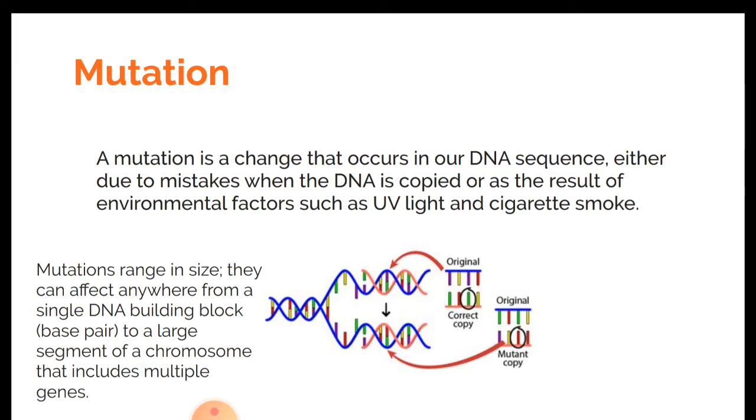You know, the term mutation was introduced by Hugo de Vries in 1901 for the marked inheritable variation appearing suddenly in the plant named evening primrose, that is Oenothera lamarckiana.